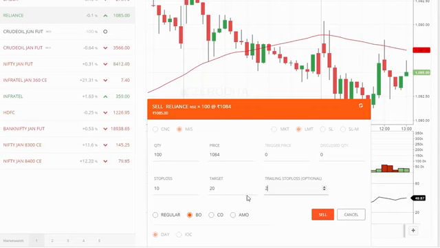What this plays out as is quite simple. My entry is going to be around 1084, and this is a short order by the way, so if it goes against me, I'm going to be stopped out at 1094, or if it's going in my direction, I'll make 20 points, which is 1064.